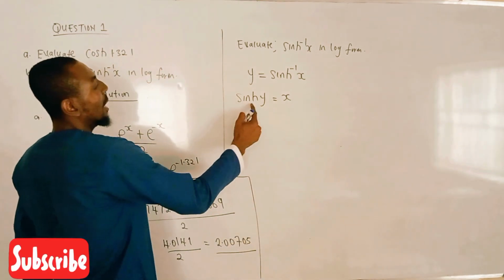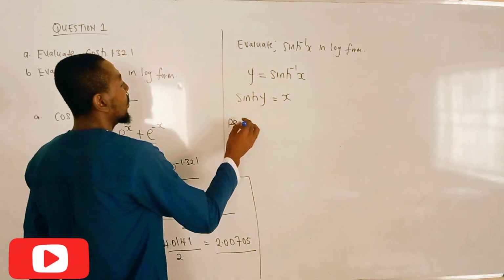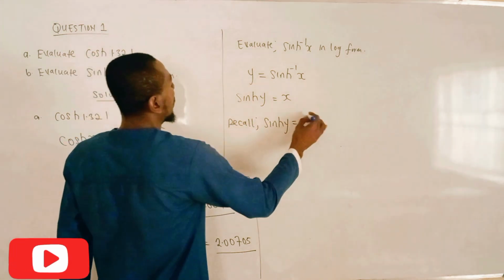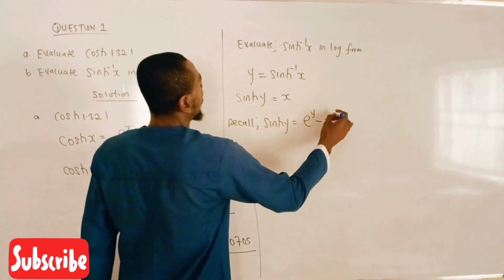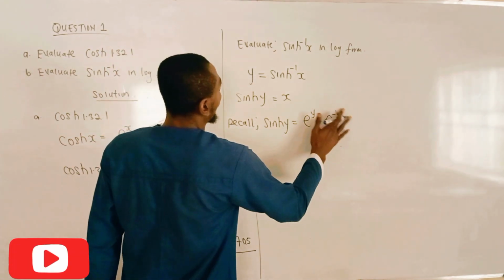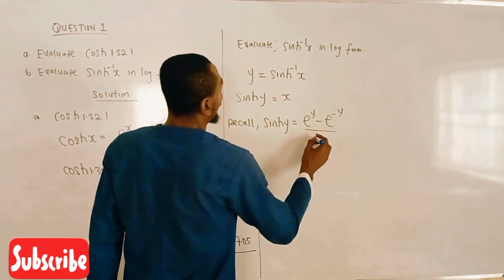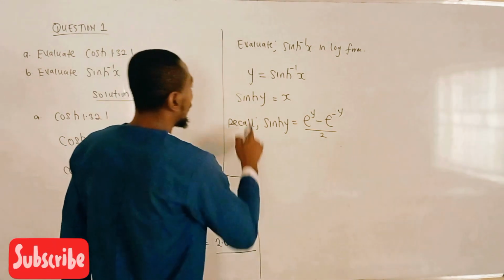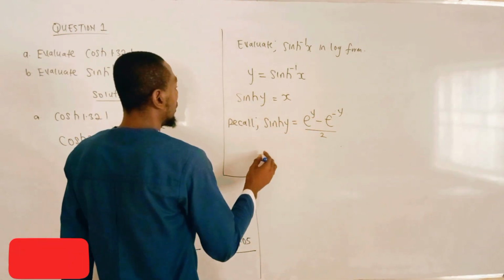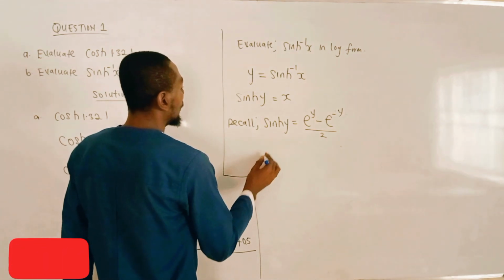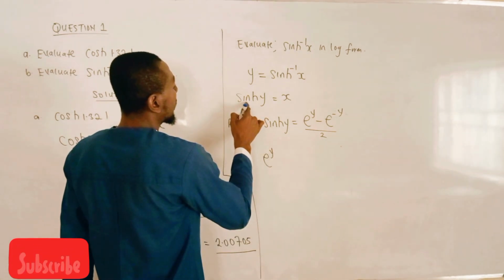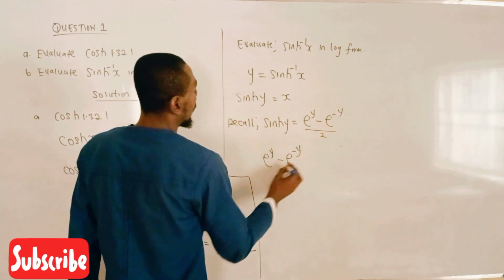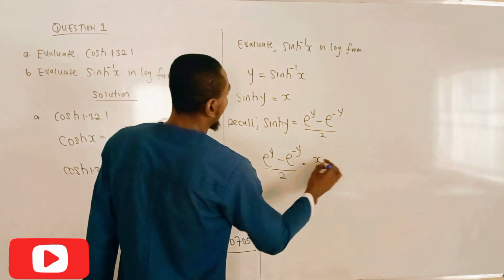Then recall that the formula for sinh of y is equal to exponential y minus exponential minus y, all over 2. So we replace sinh of y with the formula: exponential y minus exponential minus y, over 2, is equal to x.